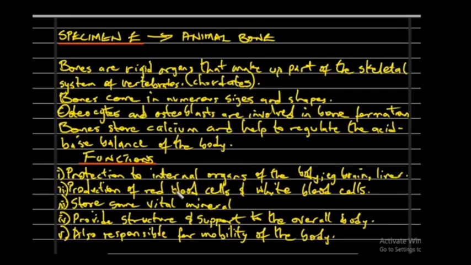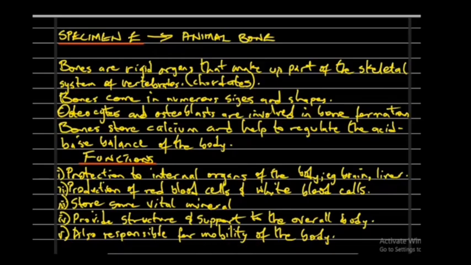Even bone marrow is produced in the bones. They are also responsible for storing vital minerals. They provide structure and support to the overall body, as well as giving mobility to the body. They are responsible for the body's ability to move about.